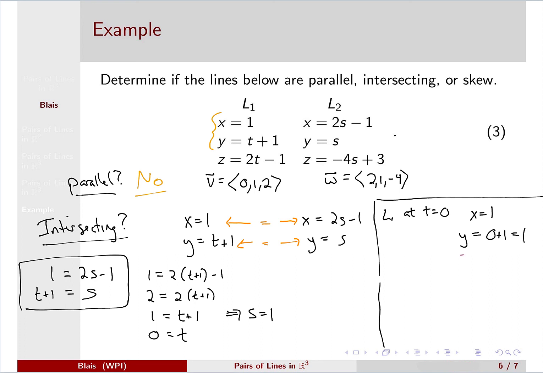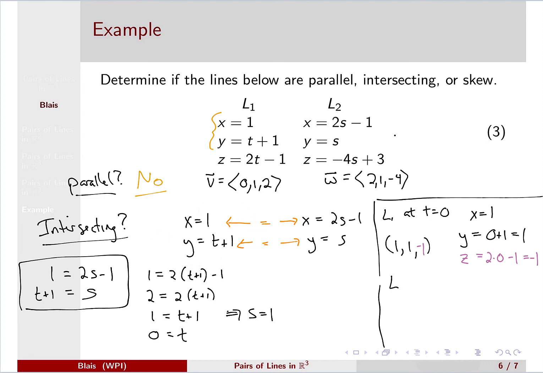And the value we really care about right now, z equals 2 times 0 minus 1, or minus 1. So we have just found the point 1, 1, minus 1 on the first line. And we know that the 1, 1 in these xy coordinates should match for L2 because that's what we solved for algebraically in this step over here.